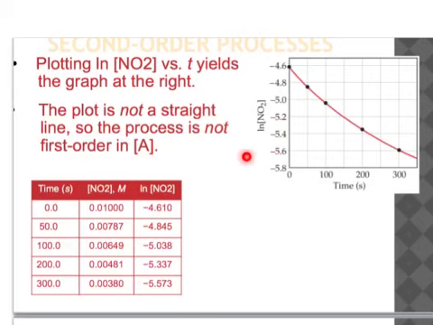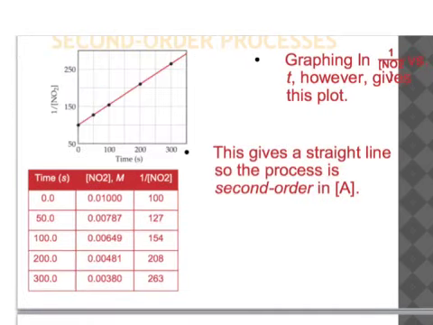We would plot the natural log of the concentration versus time. If that gave us a straight line, we would know that it was first order with respect to the nitrogen dioxide. But we don't get a straight line. So then we would try plotting the reciprocal of the concentration of nitrogen dioxide versus time. And this time we get a straight line. That's the verification that we need to know that this process is second order with respect to A.